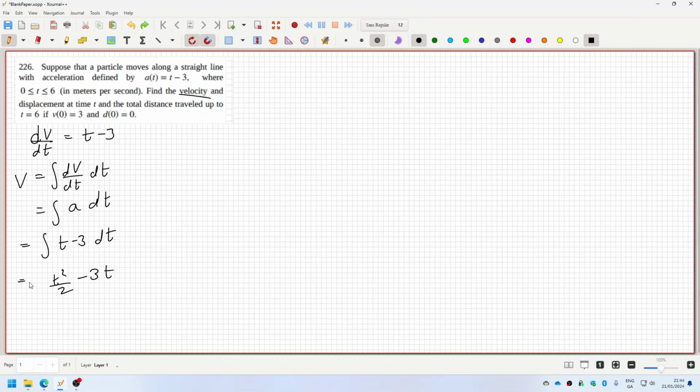So the problem is there's a constant of integration here, which has to be 3.